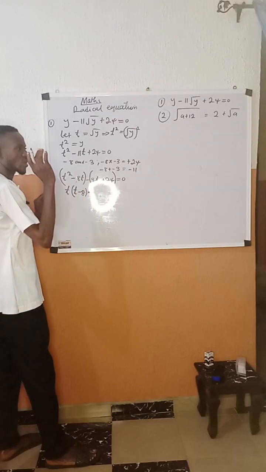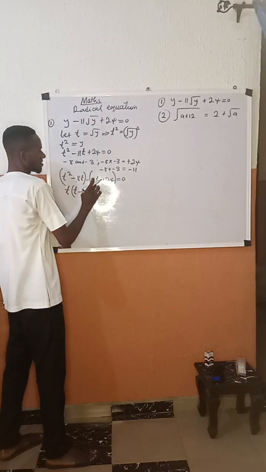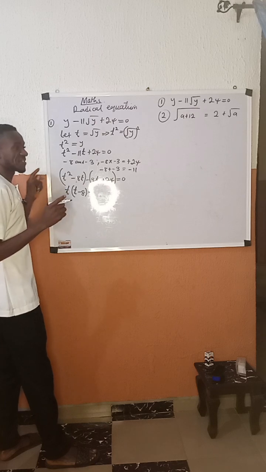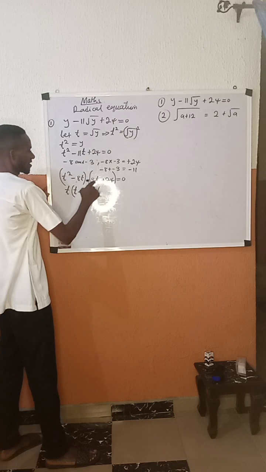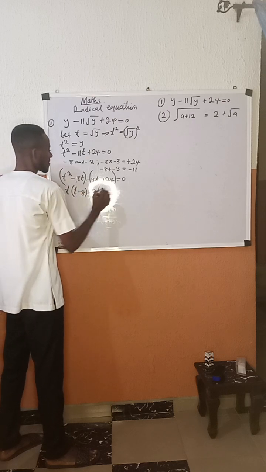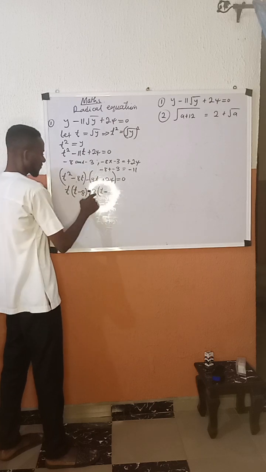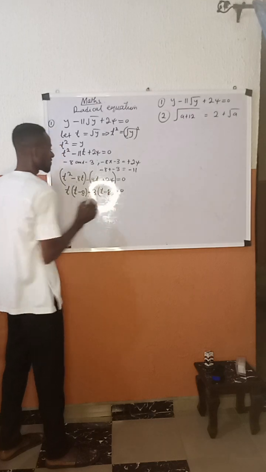I'm equally going to look for the number that will be able to divide 3t and 24 without remainder. And of course, the number is 3. We open a bracket. 3t divided by 3 is t. Minus times plus minus, 24 divided by 3, 8. You close the bracket. This equals 0.